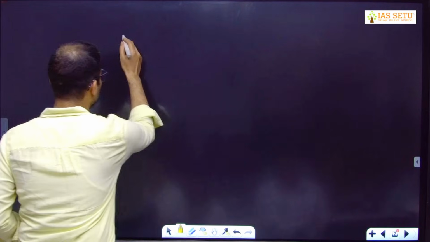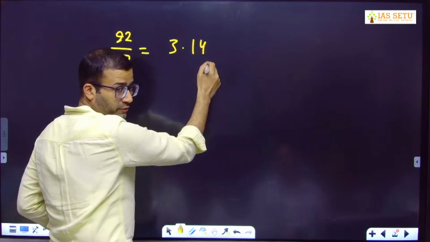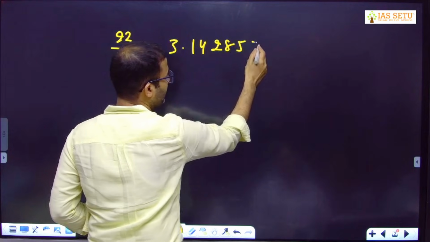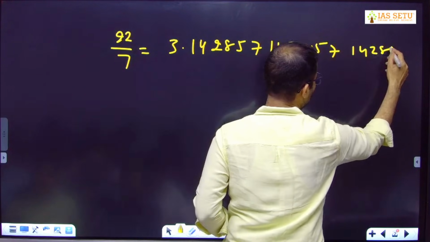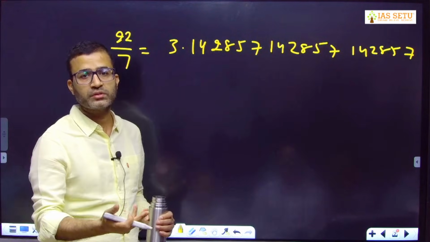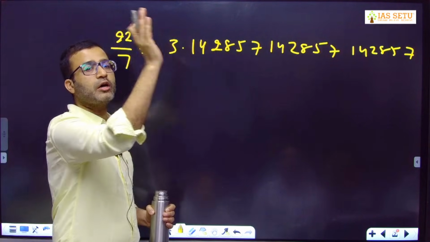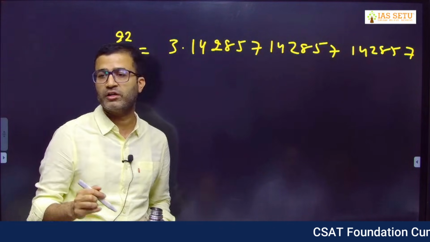If you check 22/7, it is coming 3.142857142857142857, depending on the capacity of your mobile. If you have a smart computer it will show 1000 digits too, but you will find 142857 142857 repeating.